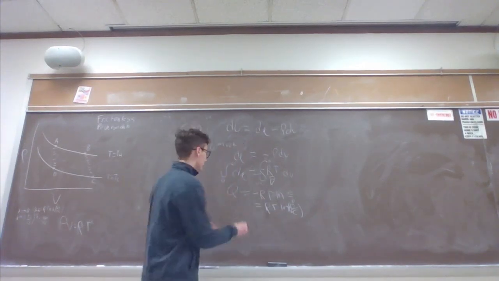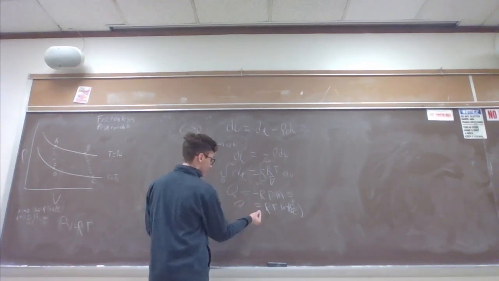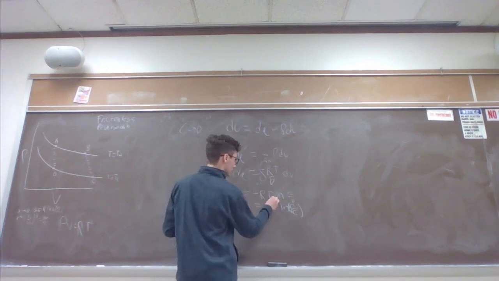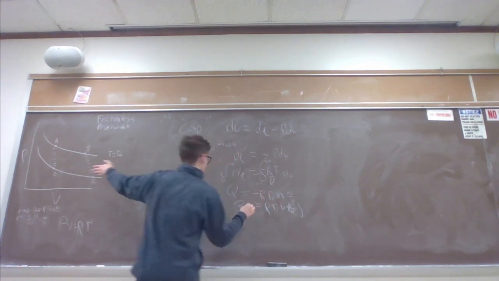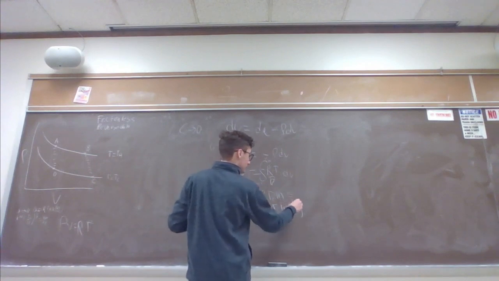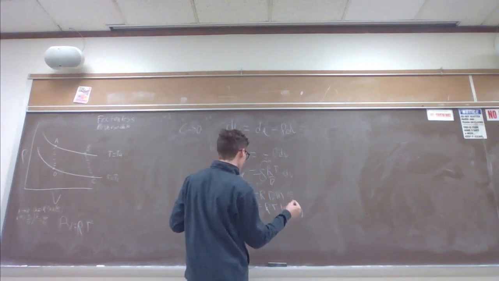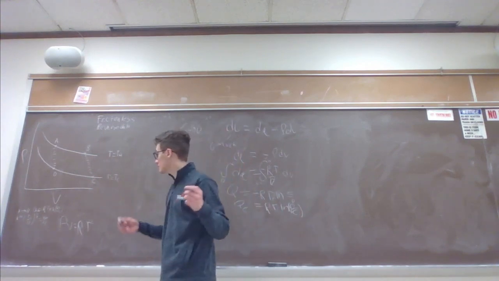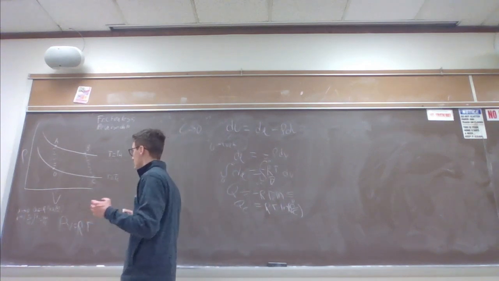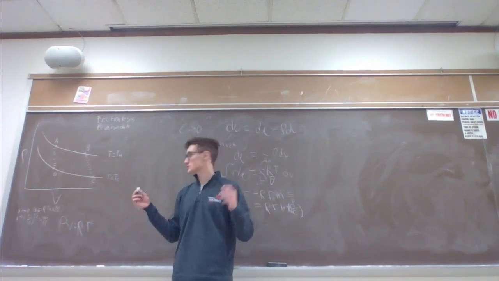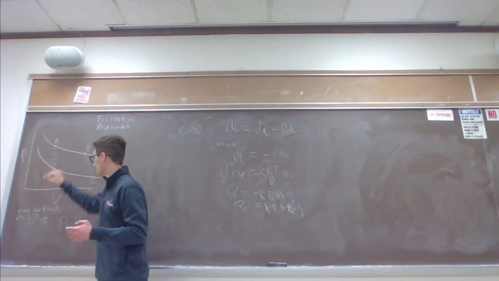So what we would have here would be the QC, or the heat, the cold, would equal R times TC, as this is the cold temperature, to the ln of VD over VC, which we know to be giving us a negative amount of work done, so we can get back up to this D step.